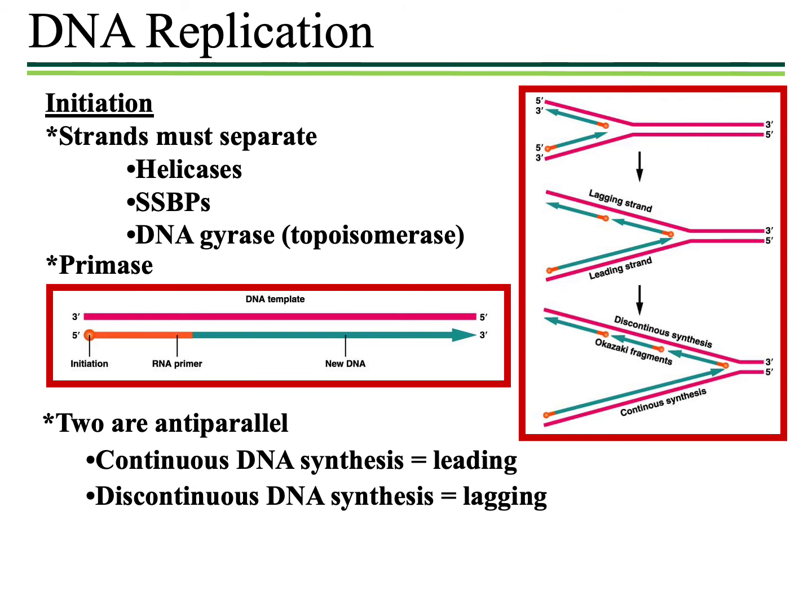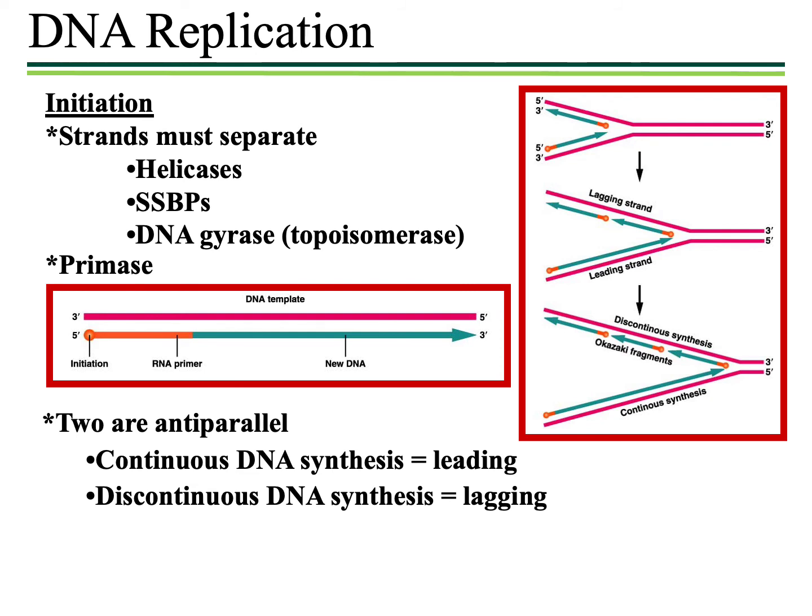Once that DNA is unwound, proteins need to bind to those single strands of DNA to prevent them from closing back up again. There is a great amount of pressure to have those hydrogen bonds reform that hold the two strands together. So if we have the helicases coming in and unwinding or separating the two strands, there needs to be something that's going to prevent those two strands from closing back up again.